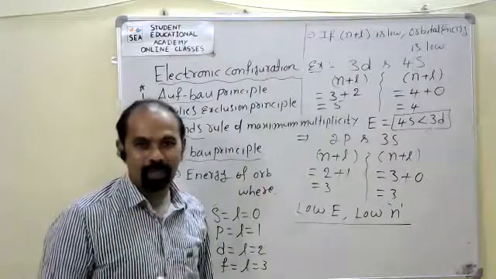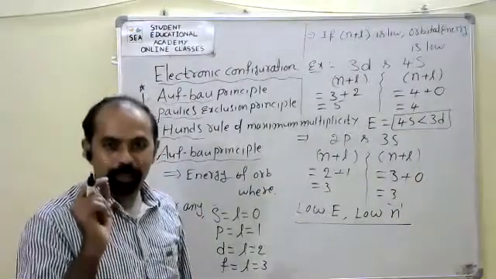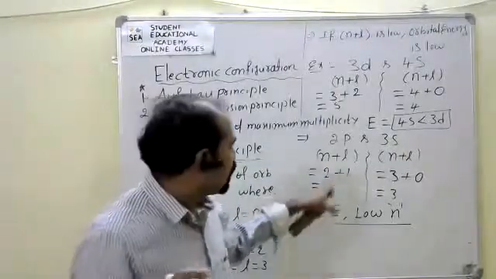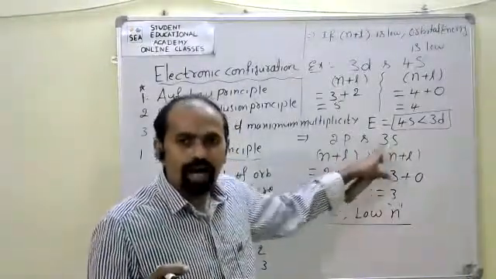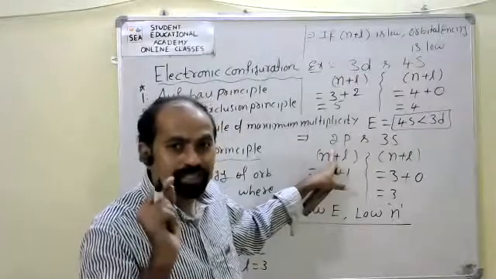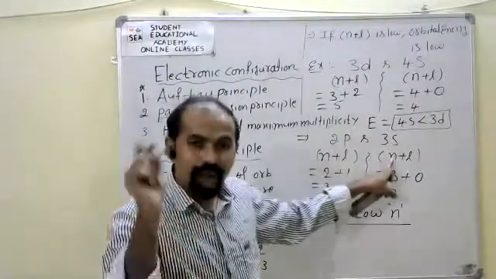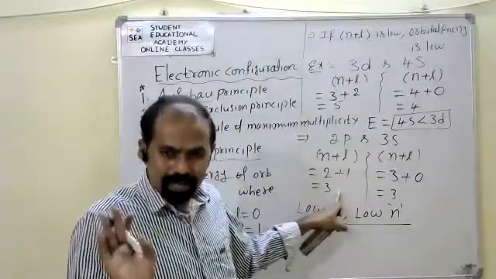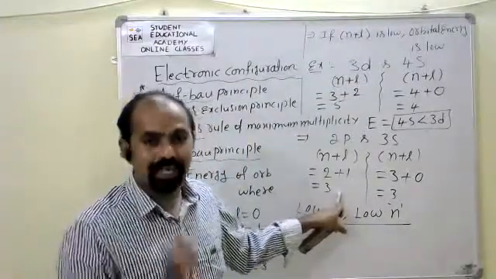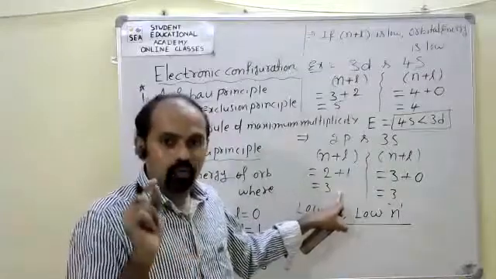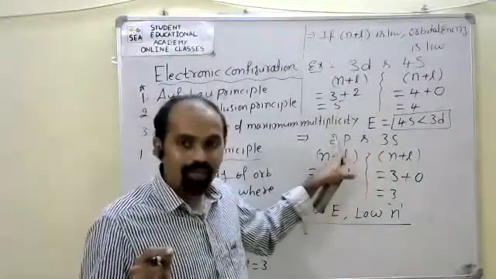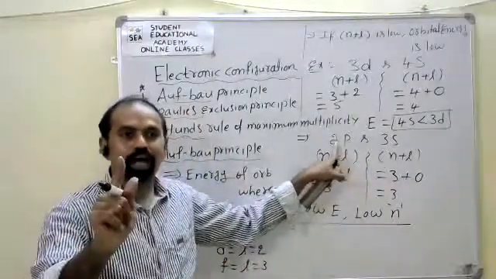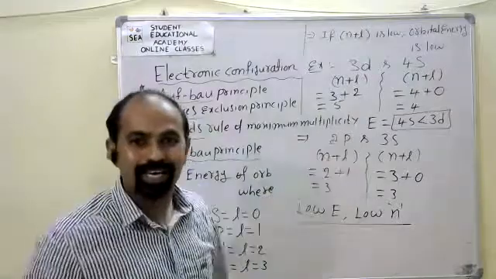Understood that rule? When is it applicable? When both orbitals have the same n plus L values, the orbital having the low n value has the lower energy.